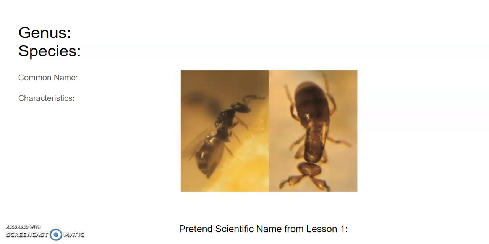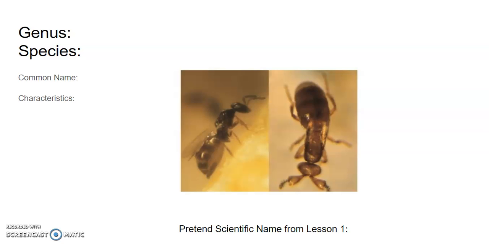This particular organism is what we call the wow bug. If you remember, its genus and species name is Melittobia digitata. Its common name is just wow bug. Some of its characteristics: it is in the kingdom Animalia, so it's an animal. It is an invertebrate animal. It's an insect. It's in class Insecta, so that means it also is an arachnid.